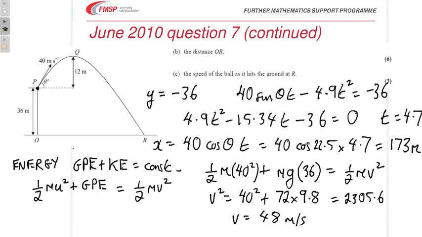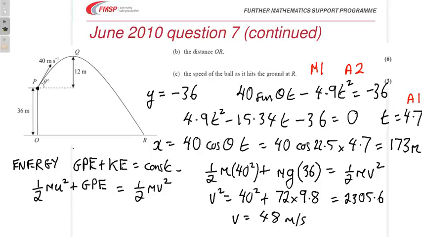So for using y equals minus 36 and putting it in the correct equation for y, a method mark, and 2 accuracy marks for setting up the right equation with the right terms in it. Remember, you've got to substitute the sine theta from the first part, and for finding the t, another accuracy mark. And then a method and an accuracy mark for getting the correct value of x to 173 meters.